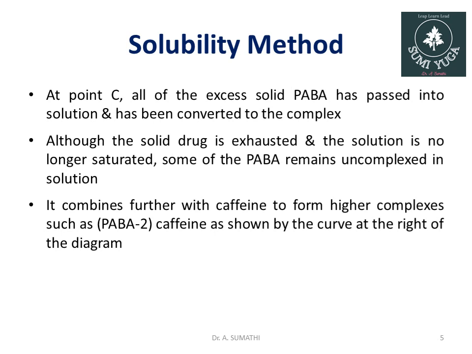This uncomplexed PABA further combines with caffeine to form higher complexes, which we can name the PABA2 caffeine complex. If you look at the graph, at the C portion we initially get a decrease in the curve and then a slight increase. This represents the PABA2 caffeine complex.